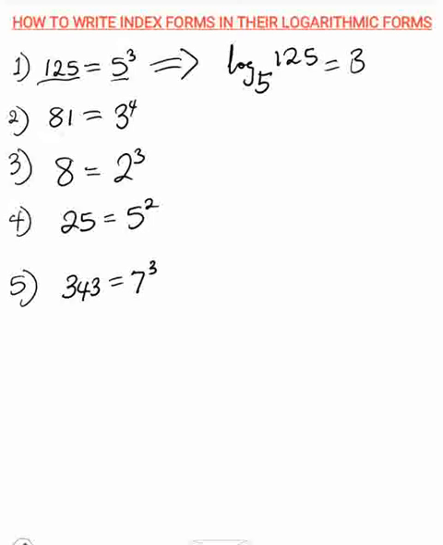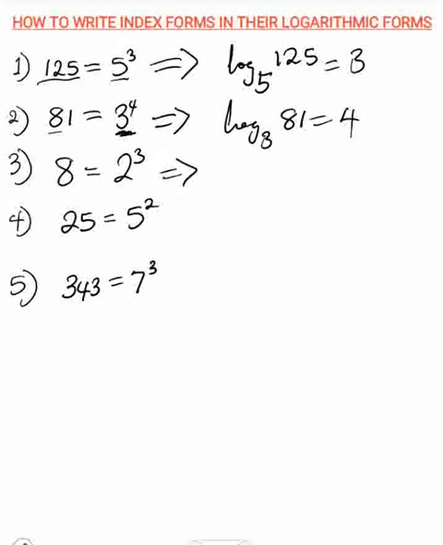Again, if we want to write 81 equal to 3 raised to the power of 4 in logarithmic form, we simply have the log of the main number, which is 81, and the base we have here, that is 3, serves as the base of the logarithm, and the power, that is the index, is the answer to this logarithm. The answer to the logarithm, that is equal to 4.